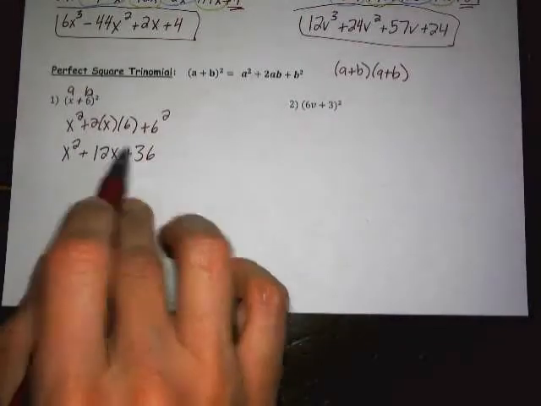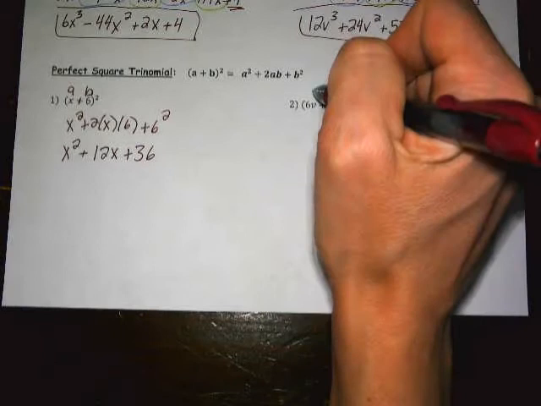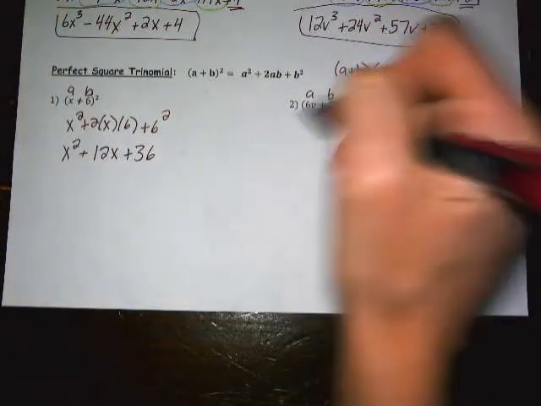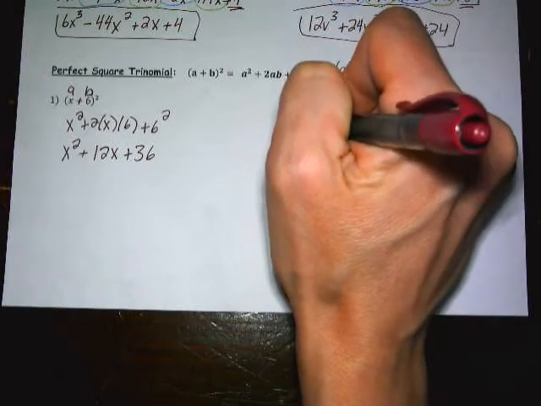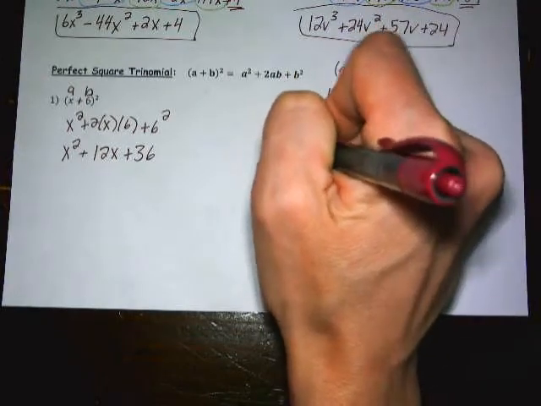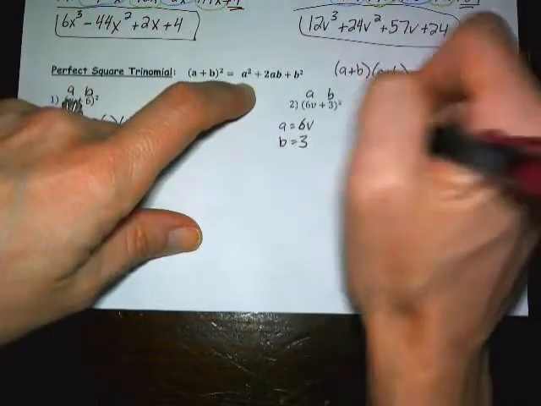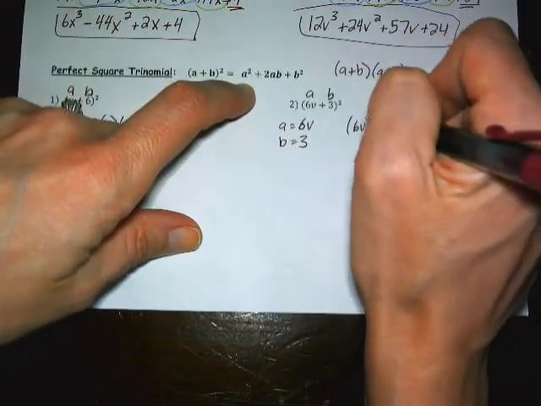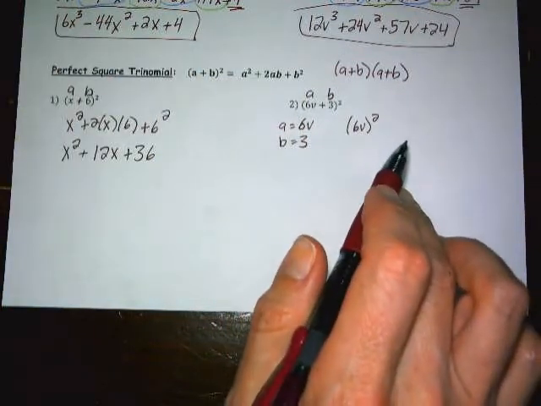And it gets to the point where you can do this in your head. Same thing here, a and b, if you want to write it out, so a is equal to 6v, and b is equal to 3. So a squared, parentheses. Please remember, I talk about parentheses constantly.